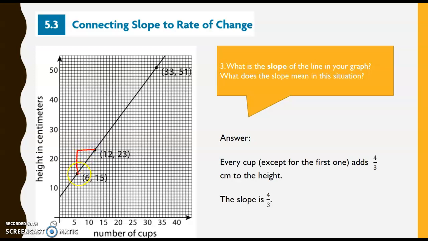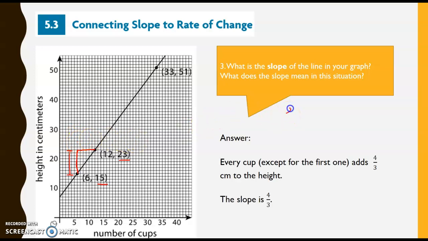So if you look at your graph or look at my screen, let's see how many boxes right here. Or I can just do 23 minus 15, then I would know this height right here. 23 minus 15, that's 8.